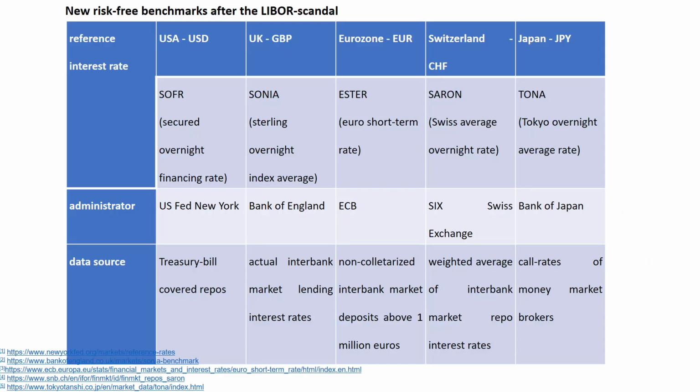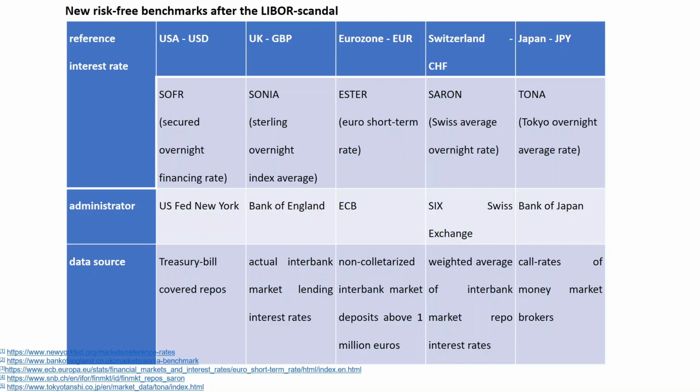Okay, and Libor. Now we can see that the Libor scandal was an important thing in the early 2010s, because Libor was calculated based on daily quotations, based on a query, instead of real market data with trades behind it.